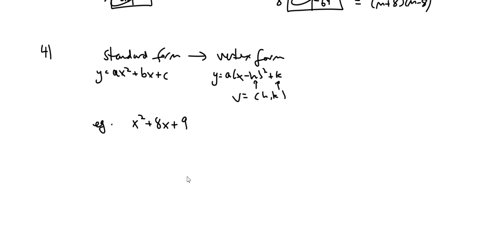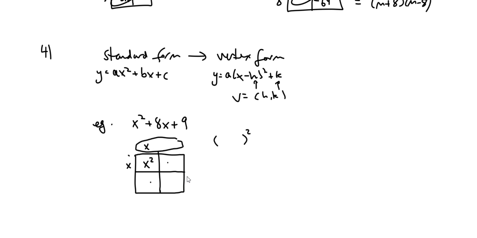So I'm going to first try to factor this. Okay, so x squared plus 8x plus 9. I'm going to put the x squared here, so this is x and this is x. We know that. Now these two are going to add up to 8x. They have to, right? But I want something squared. To get something squared, this dimension and this dimension have to be equal.